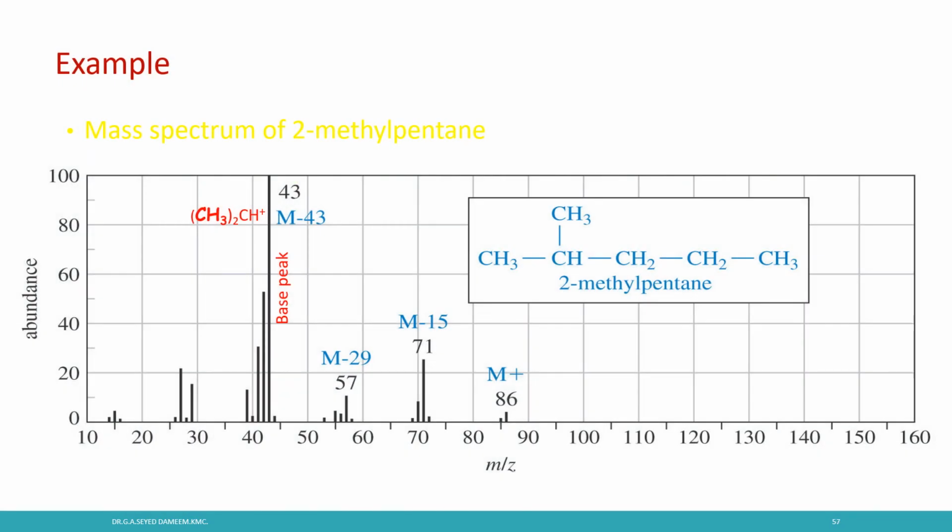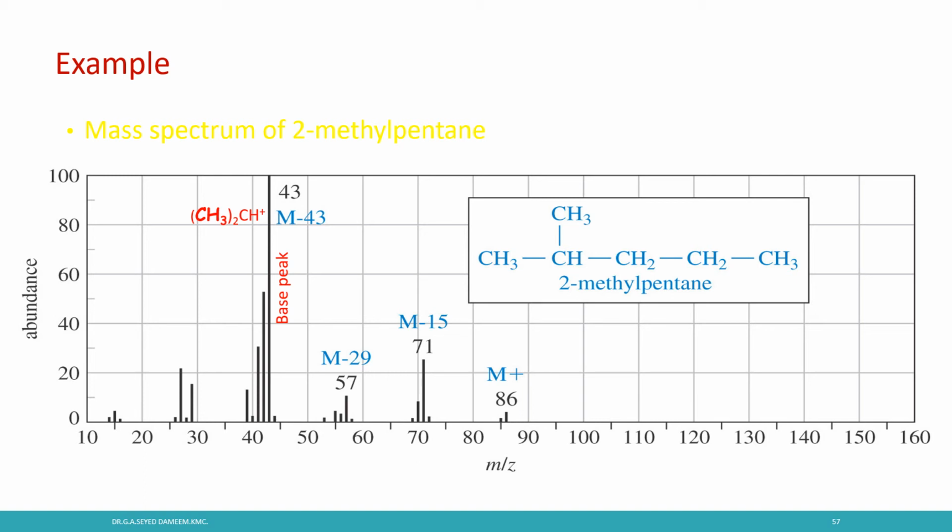This slide shows the mass spectrum of 2-methylpentane. It gives a molecular ion peak at m/z 86, given by M+. By the loss of a methyl free radical, it gives another peak at mass 71, the M minus 15 peak. Another peak at M minus 29 at m/z 57 is by the loss of an ethyl free radical, and by the loss of a propyl free radical it gives a peak at M minus 43 at m/z 43.